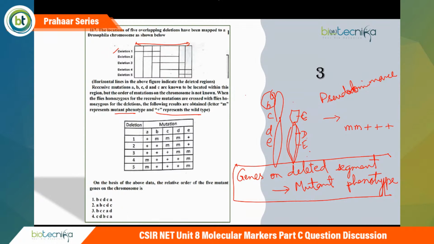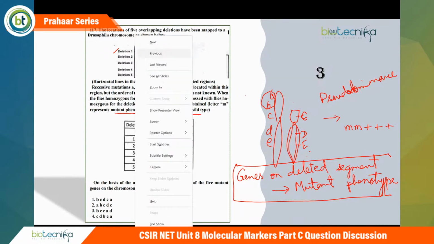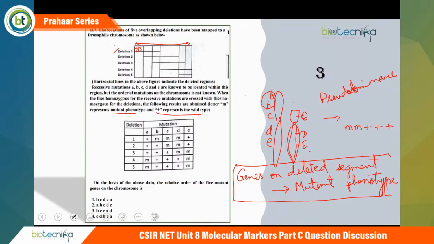For this section, deletion 1 has got deleted here, so what phenotype will it have? Mutant phenotype. Any gene present here will show the mutant phenotype. What about the other segments? In none of the other deletions is this segment deleted, so they will all show the wild type phenotype.